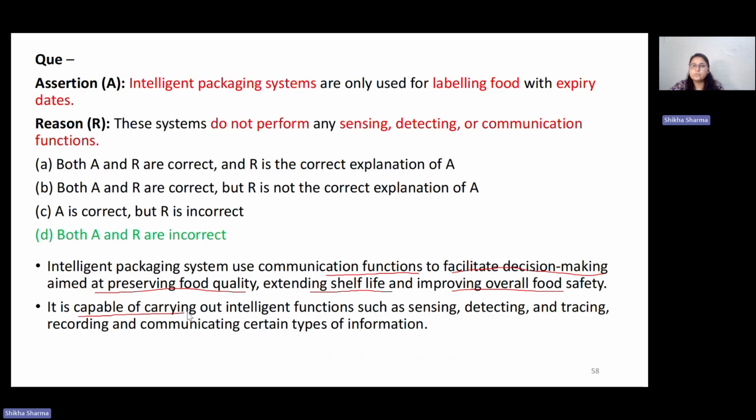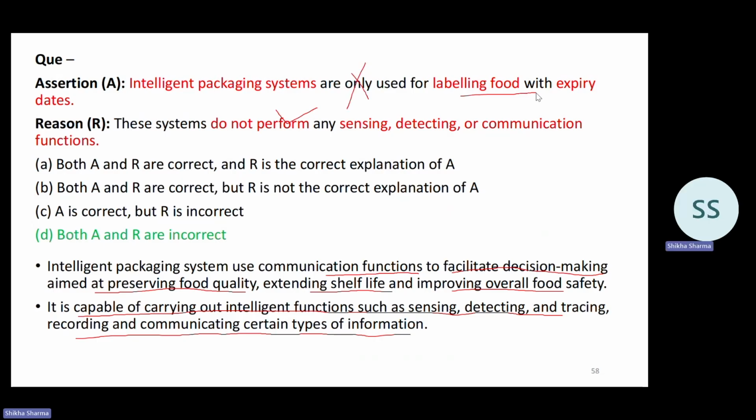They are capable of carrying out intelligent functions such as sensing, detection, tracing, recording, and communicating certain types of information. So they perform these functions, and they are not only used for labeling the food and telling the expiry dates; that is just an additional function.